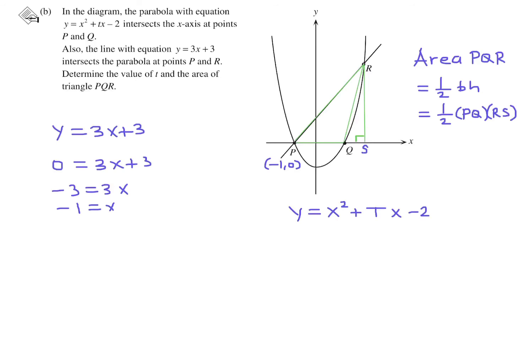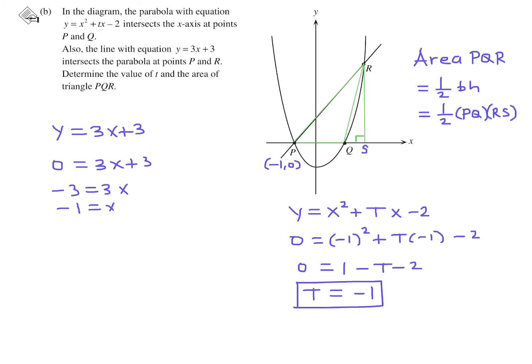So let's substitute 0 for y and negative 1 for x. This should allow us to calculate the value of t. So we got 1 minus t minus 2. Bring the t to the one side, you get 1 minus 2, which is negative 1. So there you go, we've got the value for t.